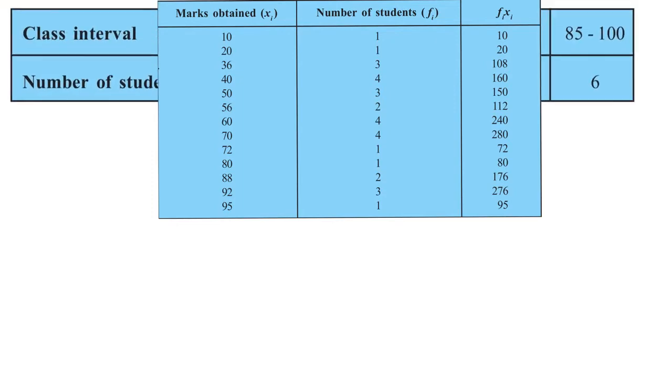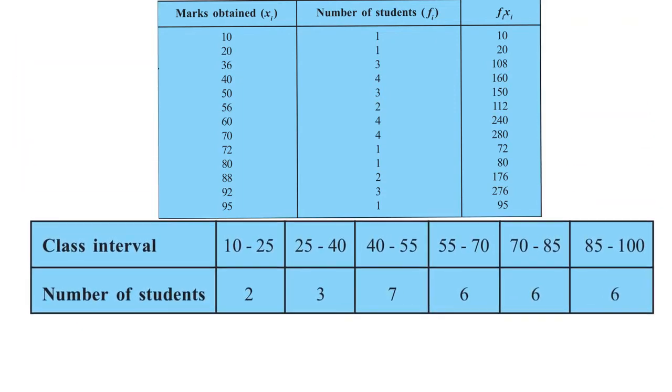For example, now when we group the data into class intervals, we will have the marks obtained from 10 to 25, 25 to 40, 40 to 55, 55 to 70, 70 to 85, and 85 to 100. So we have now grouped the marks obtained in intervals of 15.